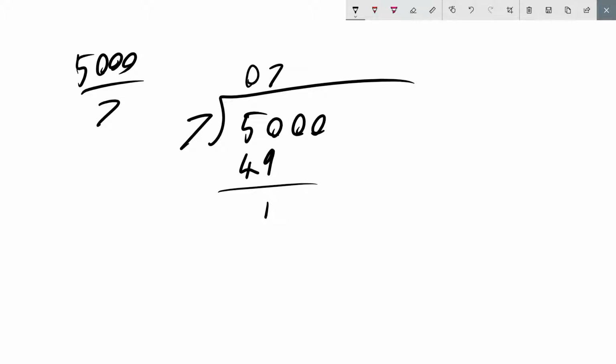And then we subtract to get 1. And then I will bring down my next digit, which is 0. How many times does 7 go into 10? It can go in there once. 7. Subtract. We have a 3. Next digit, bring it down, 0.